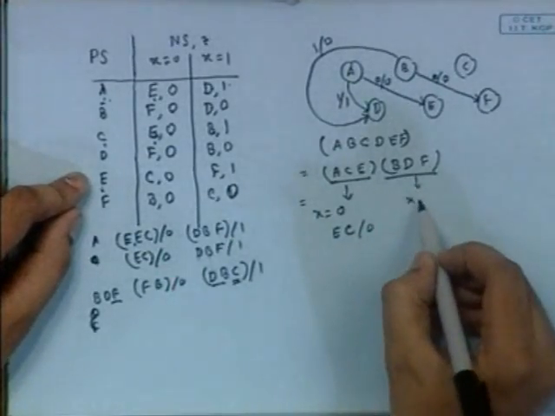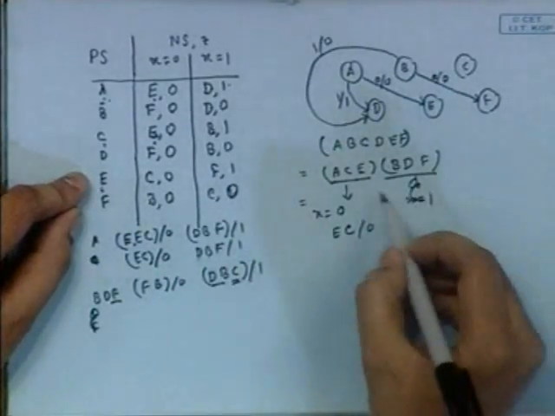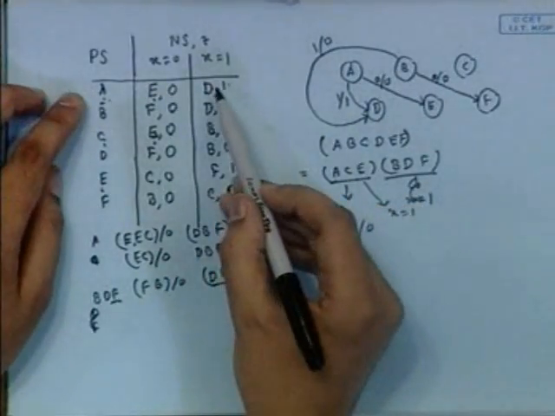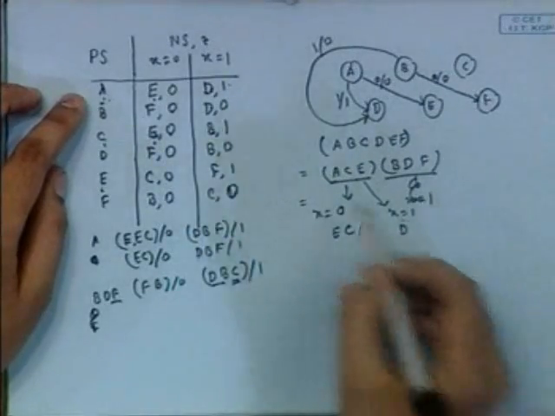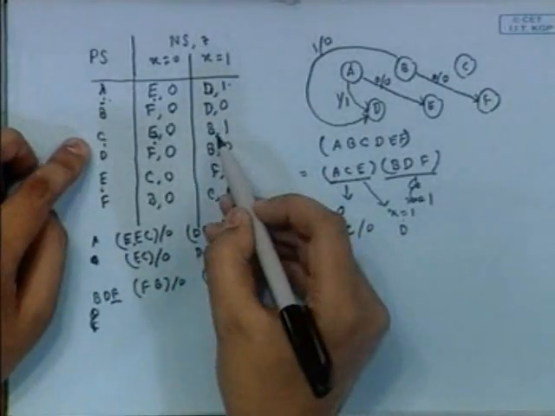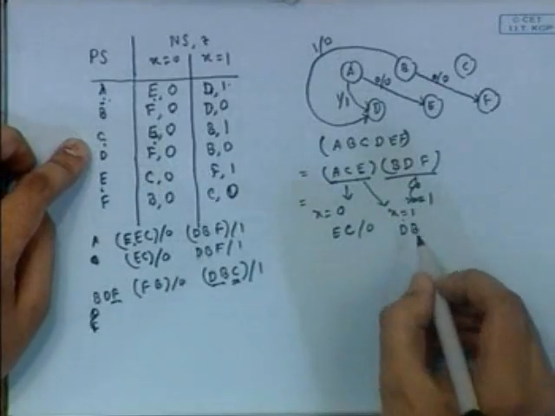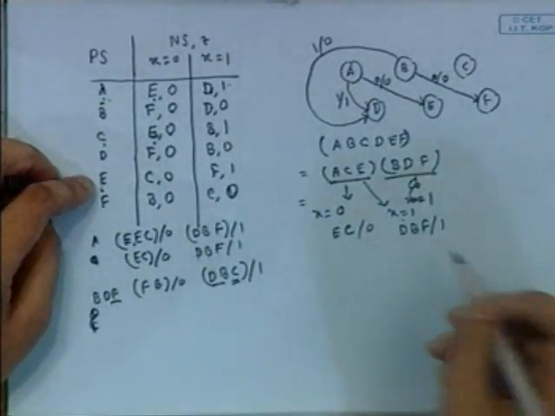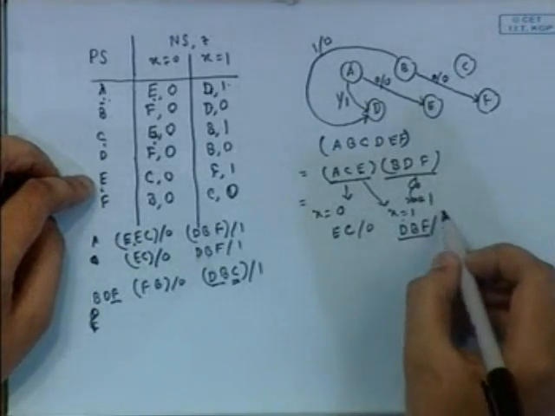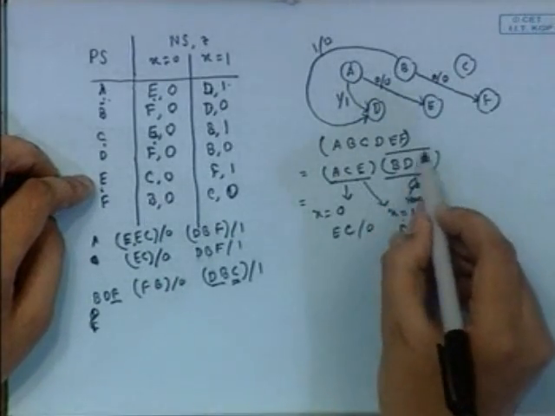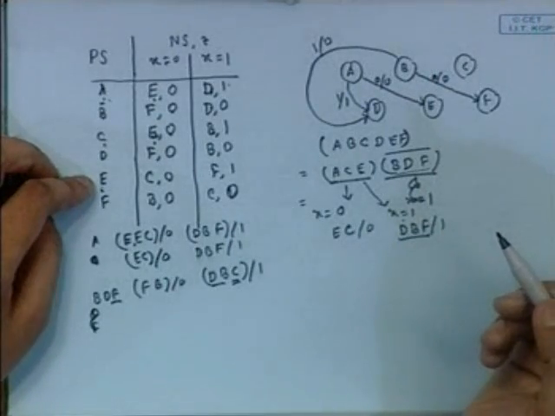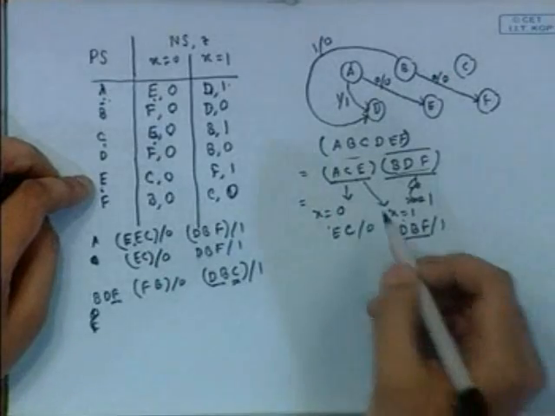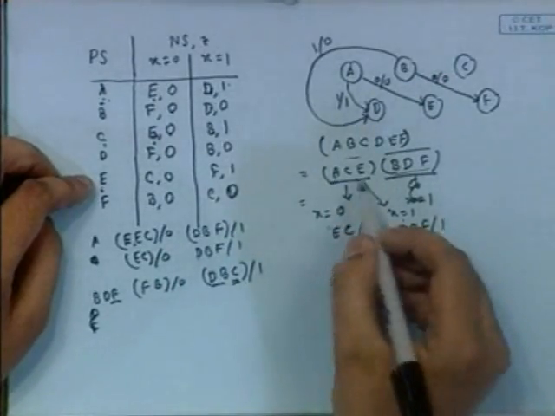And for x equal to 1, you go to D for A, or you go to B, or you go to F with output 1. So D, B, F belong to the same set in the previous step, and E, C also belong to the same group in the previous step. So you can't distinguish between A, C and E from this.